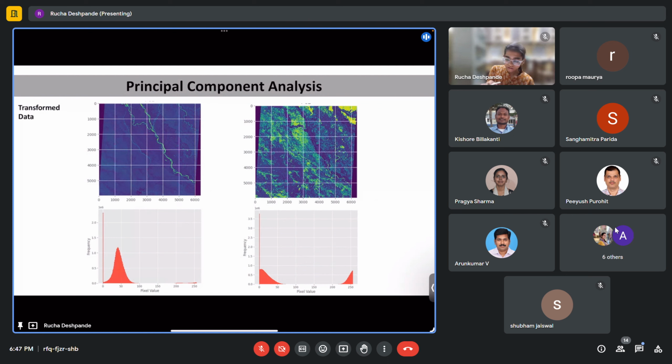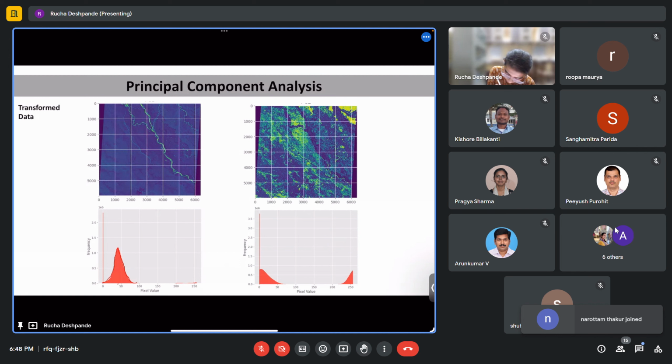Yeah, so exactly what principal component analysis does is, after the transformation, here we see one peak where the data is centered around 40, and this data represents all the darker pixels.